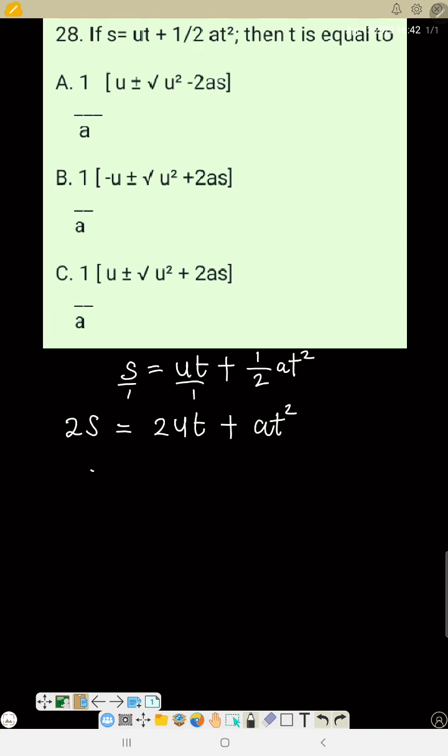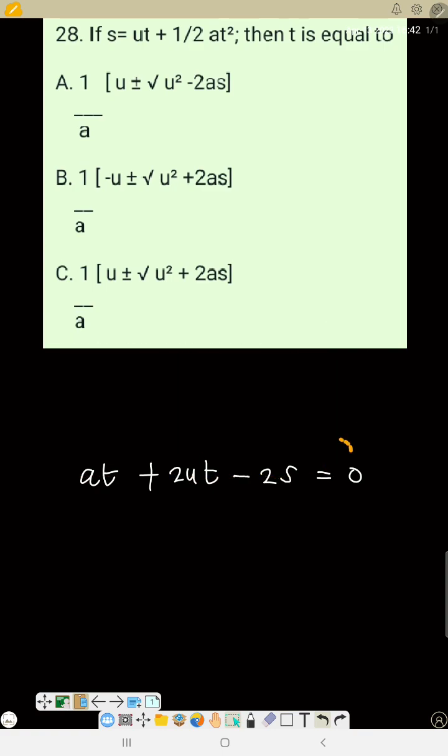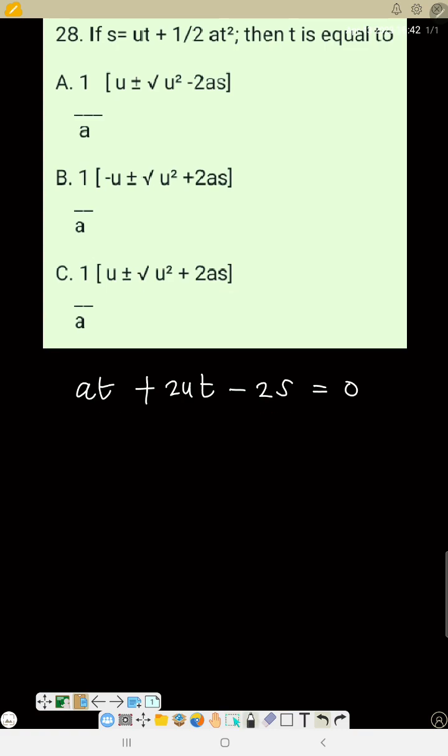So now this becomes at squared plus 2ut minus 2s equals 0. So this is now a quadratic equation. It means we have formed a quadratic equation here, that is at squared plus 2ut minus 2s.